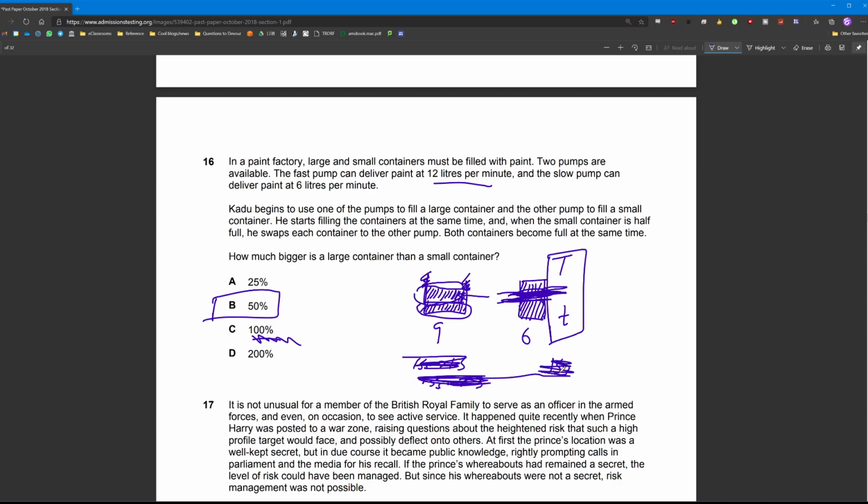Hang on. Okay, so small t, the fast pump, small amount of time for 3 liters would be 15 seconds. And this same small t for the fast 15 seconds with the fast pump here means 15 seconds with the slow pump, or 1.5 liters, right?